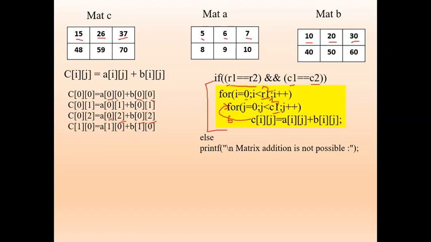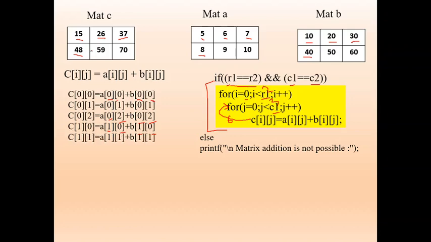Again the inner loop starts from 0. C10 equals A10 plus B10. A10, second row first column, is 8. B10, second row first column, is 40. So 40 plus 8, 48.